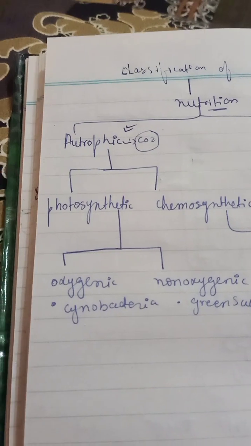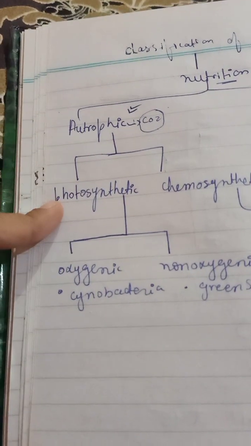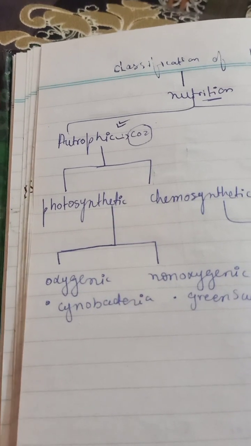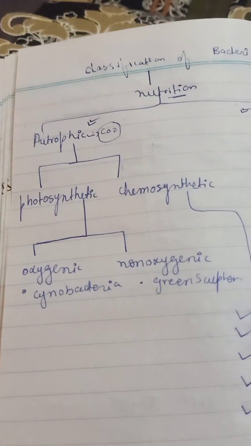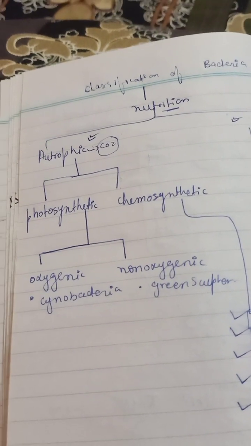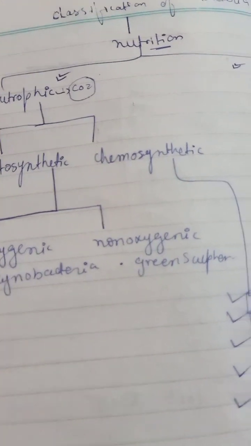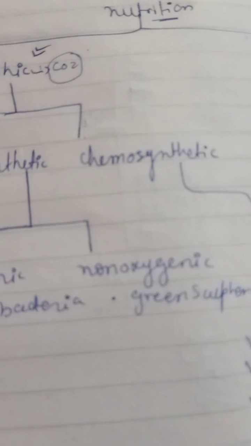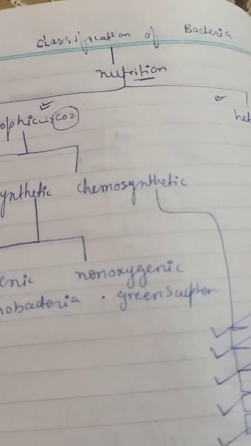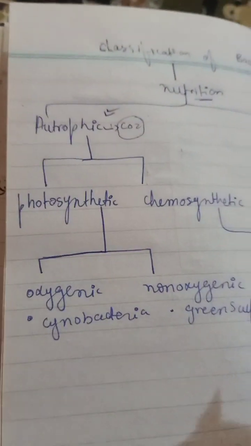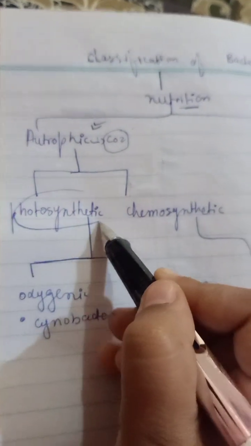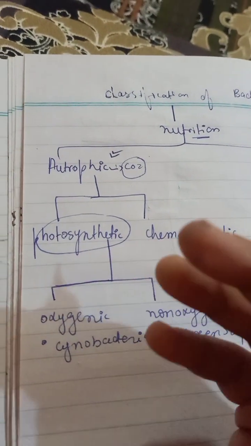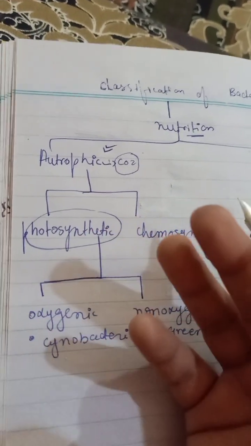So let's move toward the photosynthetic autotroph bacteria. They have the capability to produce their own food using inorganic material.